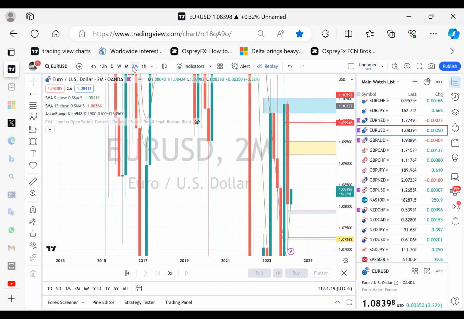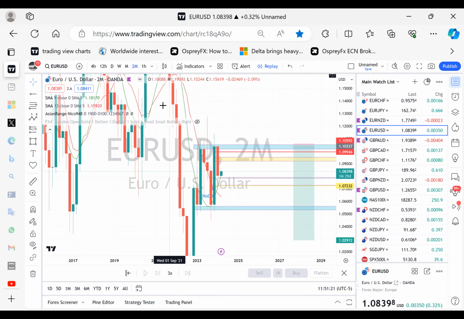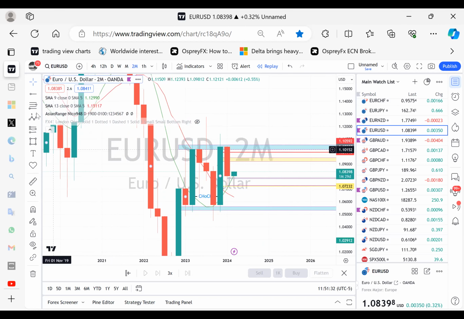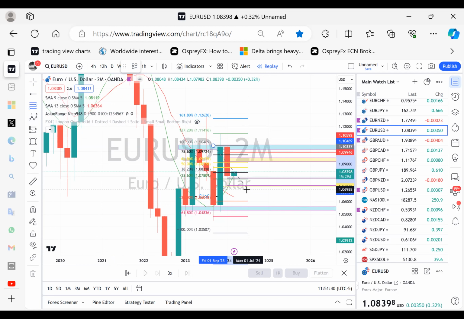I'm going to hit the 2 month. 2 month is a bullish order block, which means the price could go bullish. I don't necessarily believe that either, but I'm just going to mark this 2 month candle up just so I can see where the retracement is on it. It's probably going to be similar.